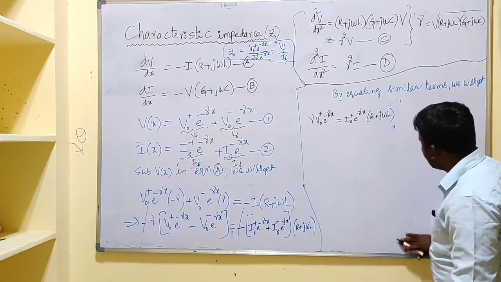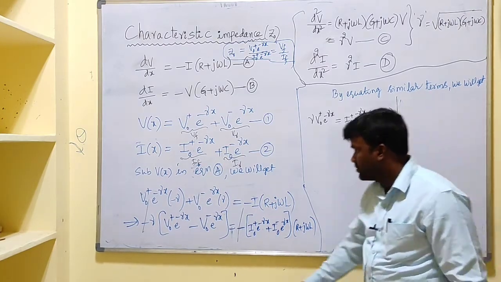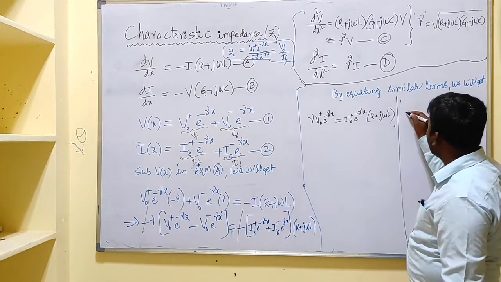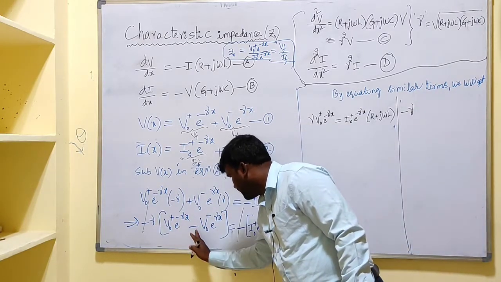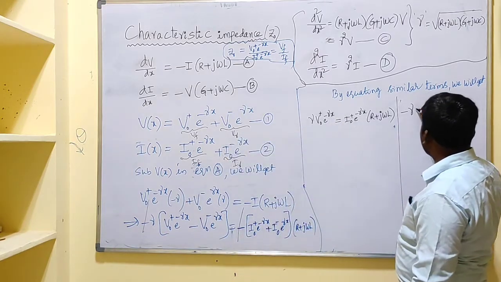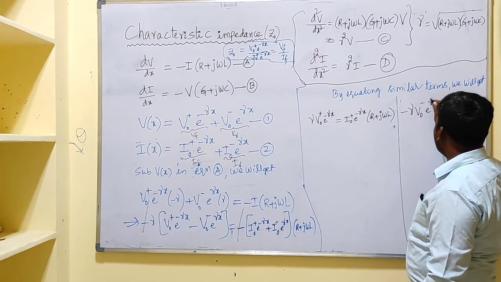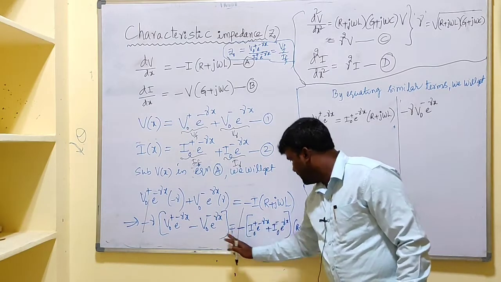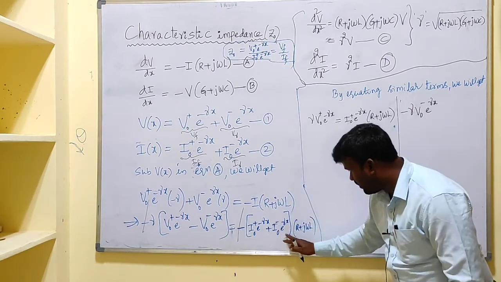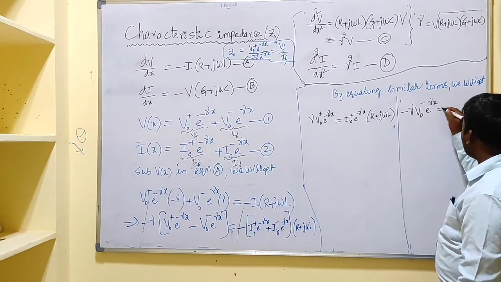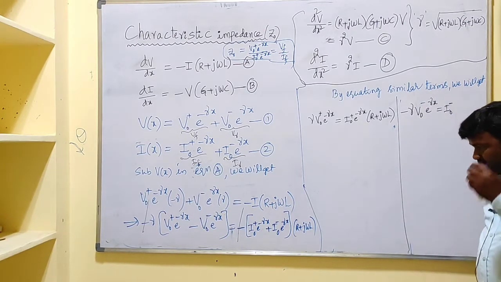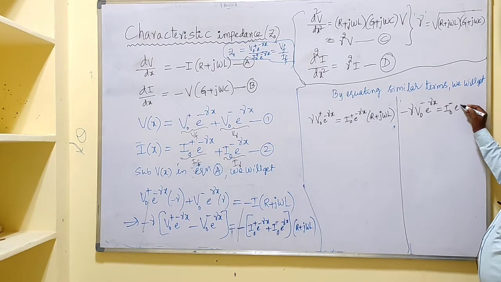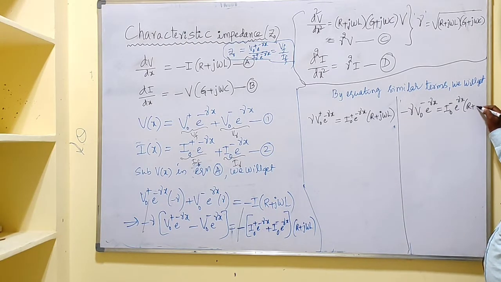And another term is the second term. So this is minus gamma into V naught minus e to the power gamma x on the left hand side, and on the right hand side e to the power gamma x into I naught minus e to the power gamma x into (R plus j omega L).